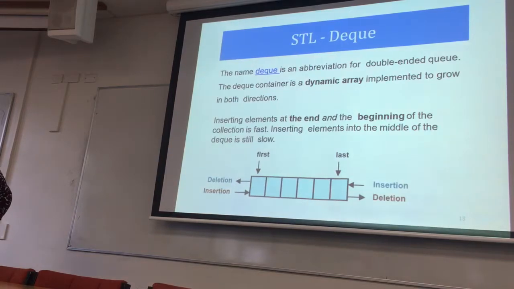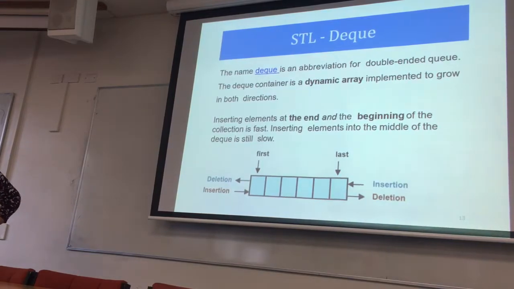The double-ended queue is another smart container. Vector and double-ended queue are the most powerful containers in the standard template library. After that, all other containers are a little bit less powerful, because they can't have random access.